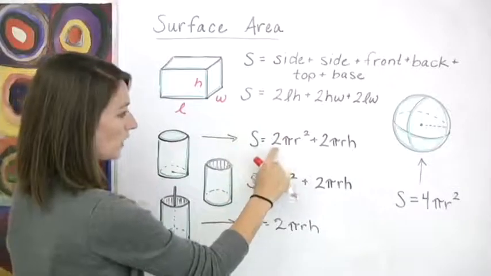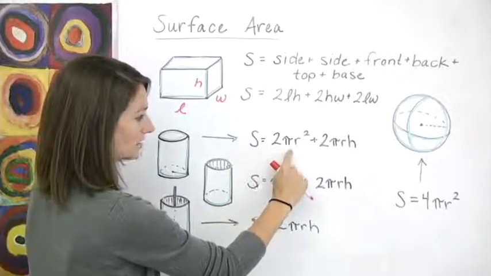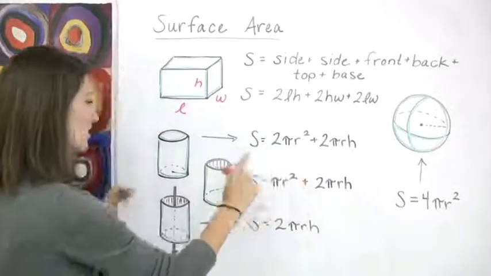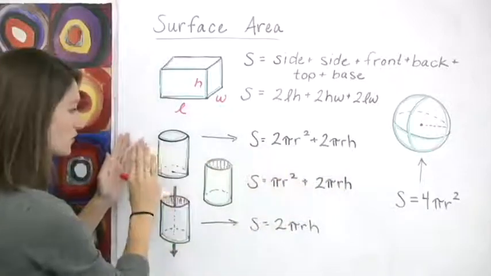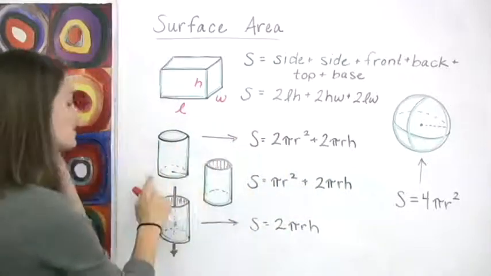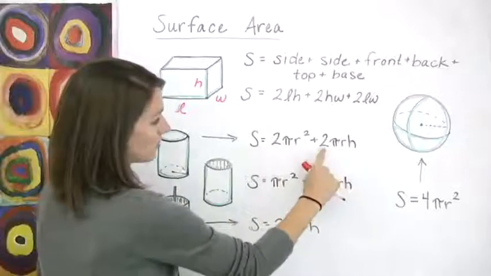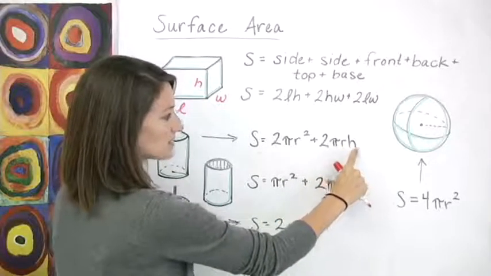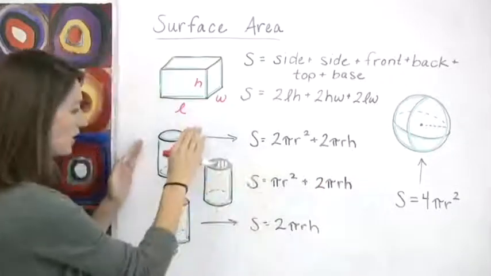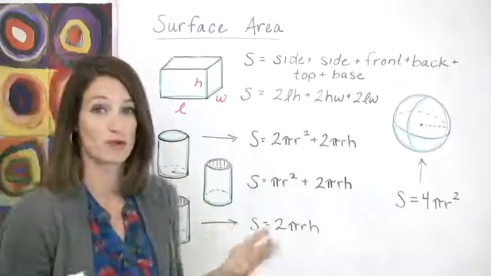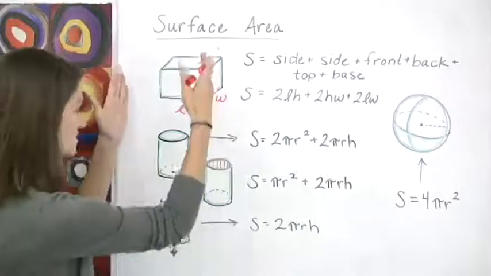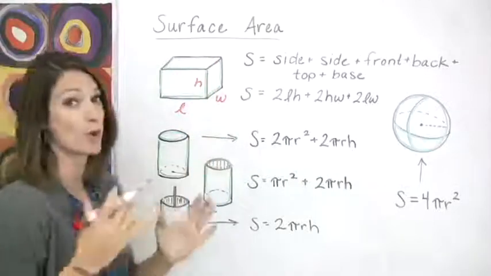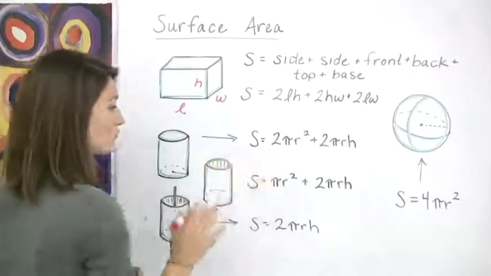That's why we have this 2 here to multiply times this area. The last part of the formula is the surface area of the side of this cylinder, which we find by multiplying 2 times pi times the radius times the height of the figure. It's also important to remember that for right circular cylinders, the sides of our cylinder are perpendicular to the base, and that's why these formulas work.